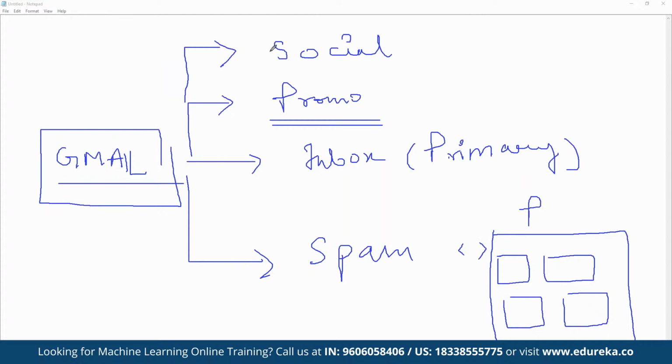Same way, any emails coming from the social media platforms, that is Facebook, Twitter, Reddit, Quora, Instagram, Snapchat, are going to be automatically sorted under the social emails.